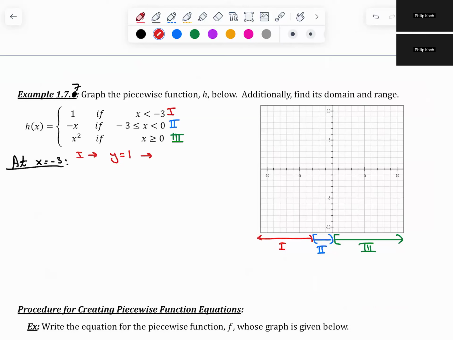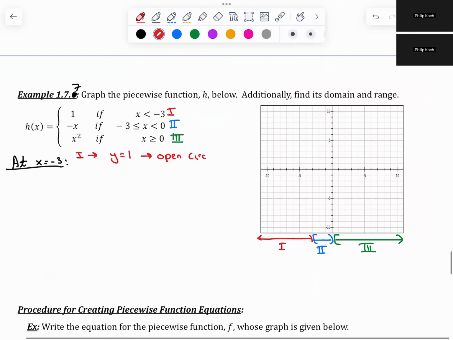Open circle, because it's a strict inequality. It doesn't actually exist there. It's a placeholder. So what's the point? Open circle at -3, 1. So we can graph it if we want, or we can wait until the end. I'm going to graph it right away.